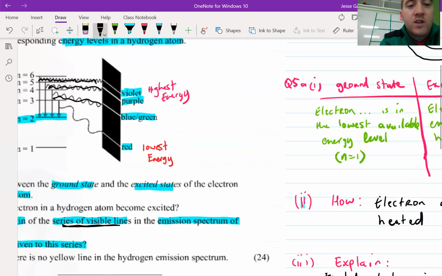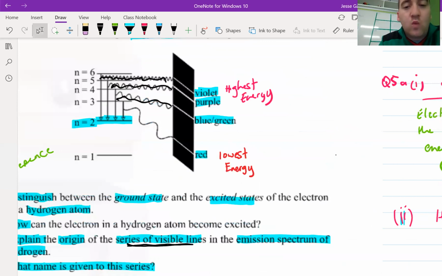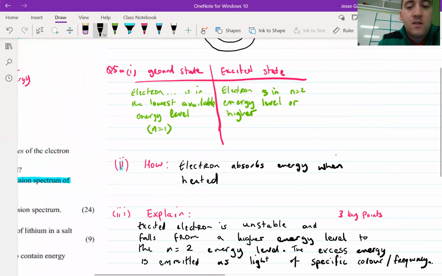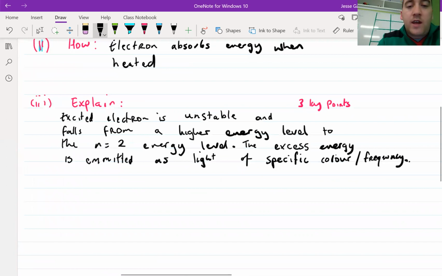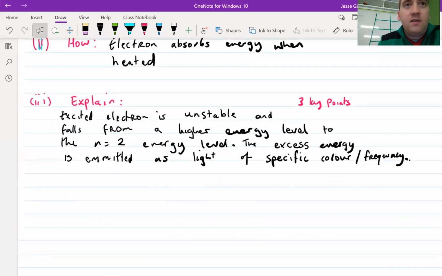So why are there different colored lines then? Why is there not just one line? Where do the different colors come from? Because in hydrogen, we see different colors: red, blue, green, purple, and violet. So where do the different colors that we see come from? Pause the video and add the detail. The key thing is, how do different lines get created? Different lines are a result of different electron transitions.